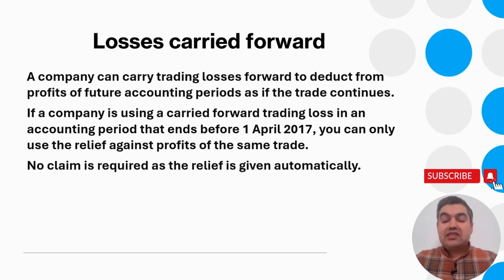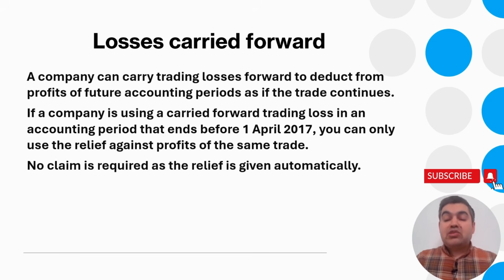For example, if there's a trading loss in the accounting period, however, in addition to the trading loss, the company has income from property, interest income, or capital gains, you can use the loss against the current accounting period total profit. However, to do this, you have to make some adjustment in your tax computation.